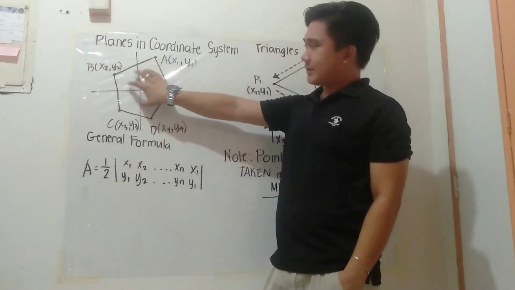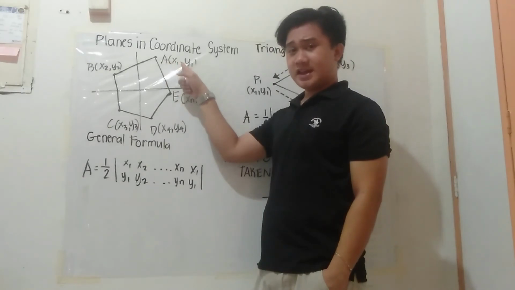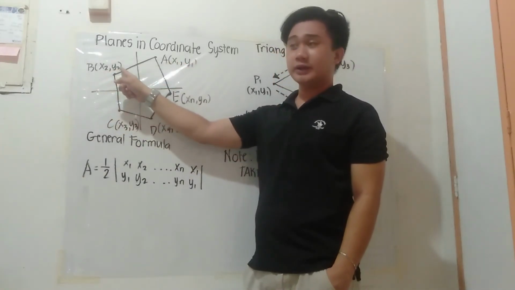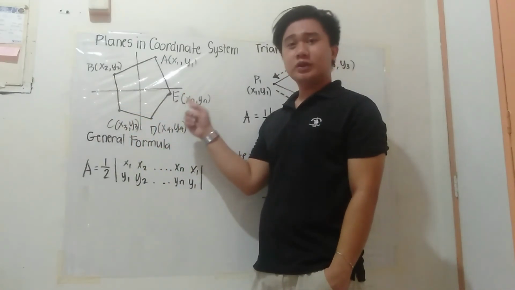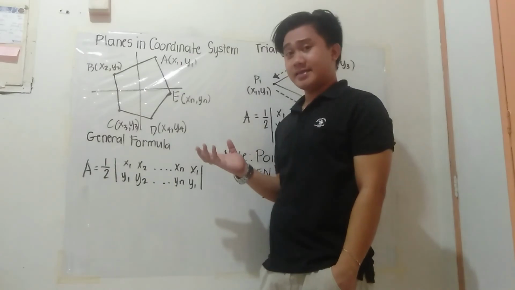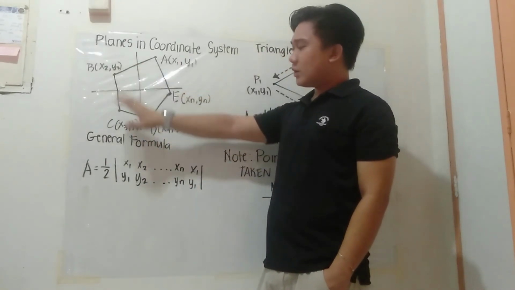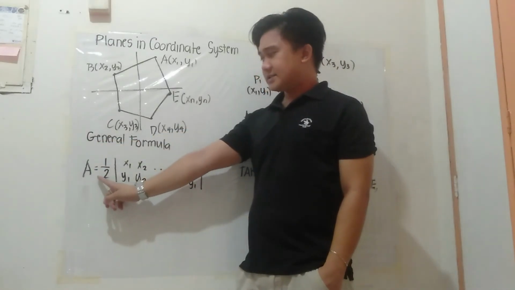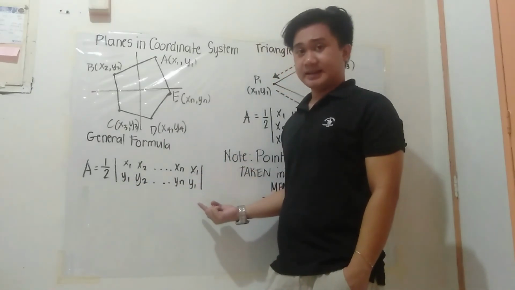So, kung titignan nyo itong example, I have point A with coordinates x1, y1, point B with coordinates x2, y2, and so on, until makarating ako sa point E with coordinates xn, yn. Okay? Kapag pinapakuha sa atin yung area na yan, we will be using the general formula that is area is equal to 1/2 of the determinant of this matrix.